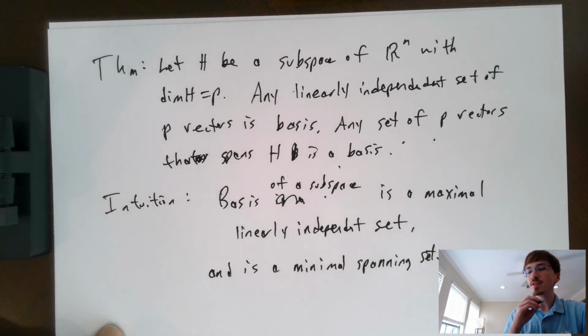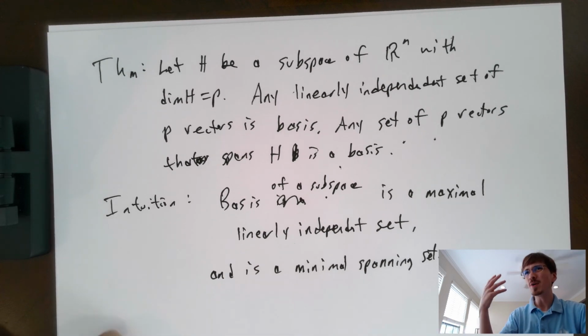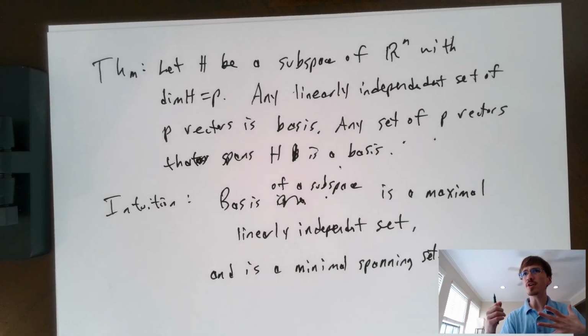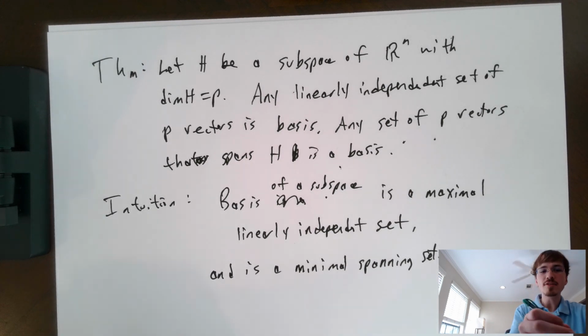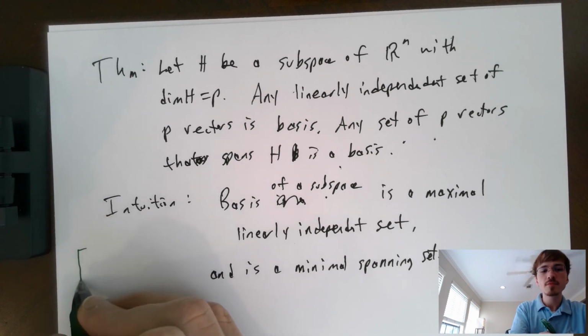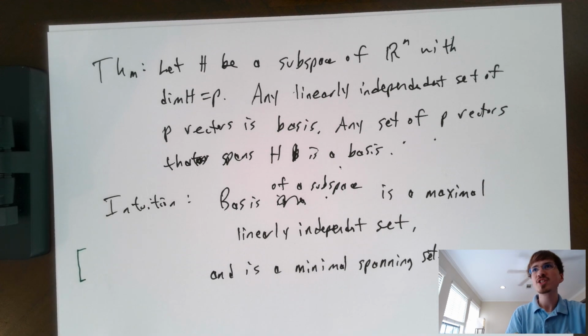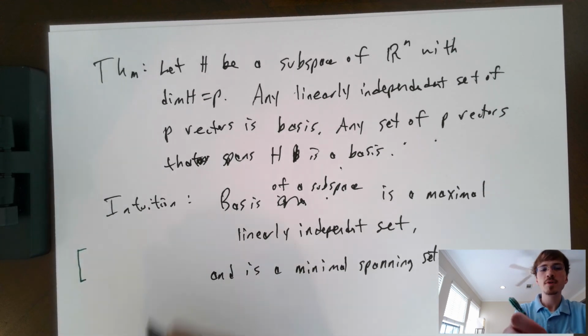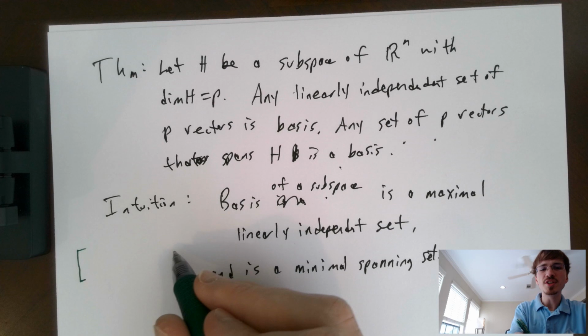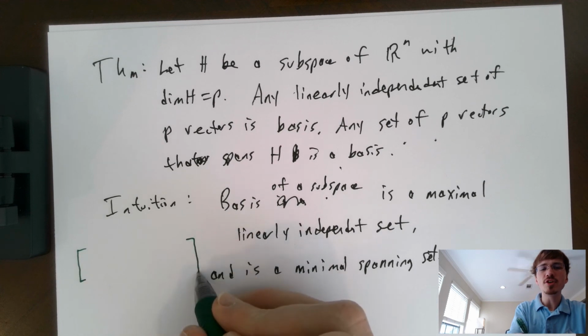And remember, this kind of jives with our structure of what matrices look like, right? If we have a matrix and the columns span Rn, then our intuition is that we have a long, skinny matrix.